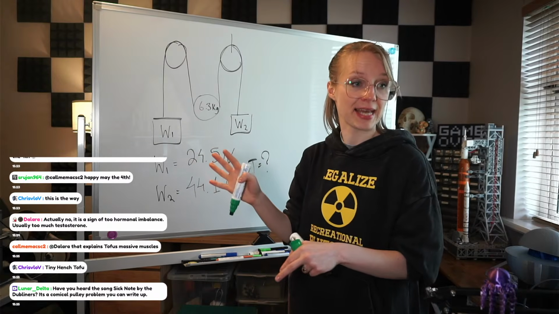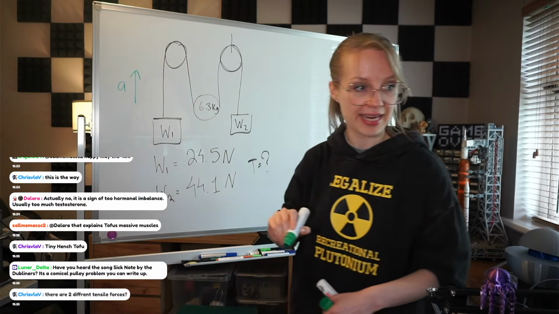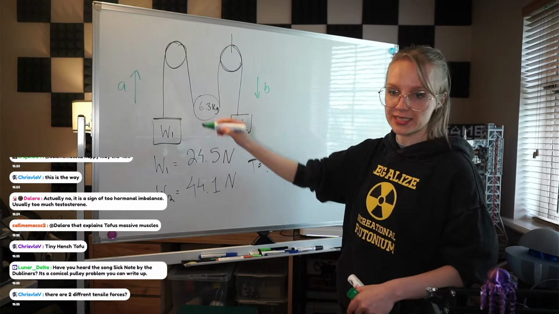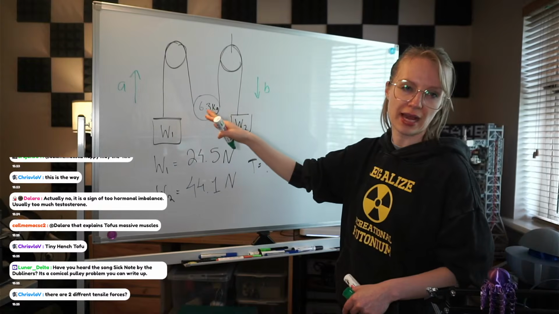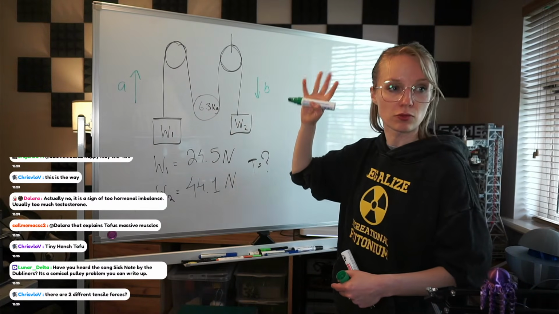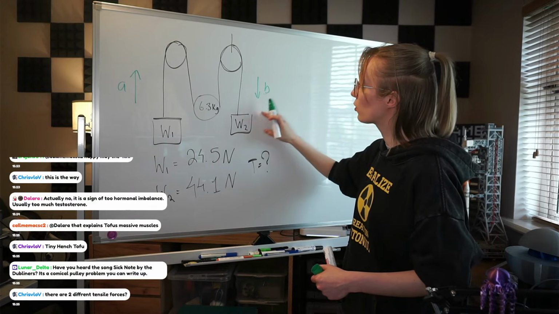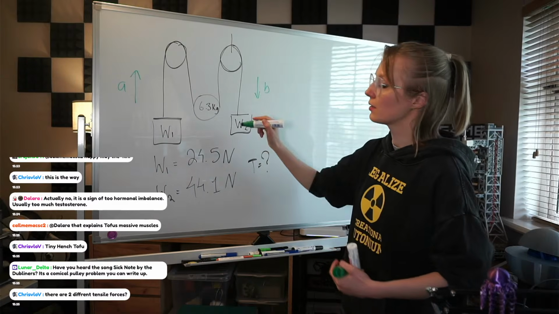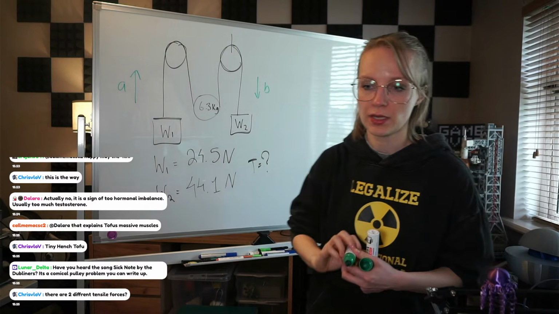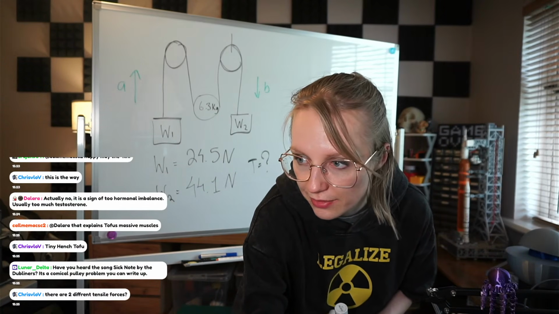But I'm going to guess that this guy is going to go up with the acceleration of A, and this guy is going to go down with the acceleration of B. I'm just doing rough maths: 6 by 10, 60 newtons. It's going to be heavier than those two, so I think it's going to go down. Or this guy could go up. We'll see. I've chosen it to go in those directions. Are those two different forces? No, those are accelerations that I've drawn on the board.